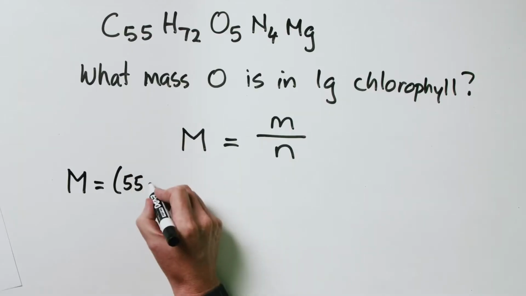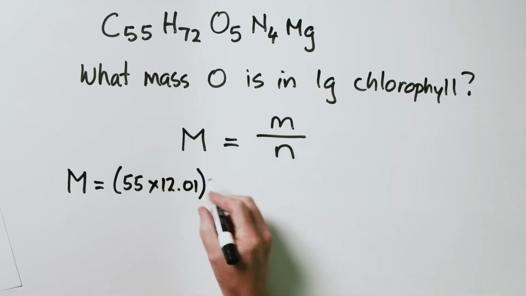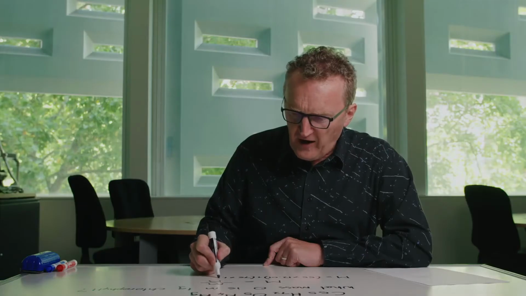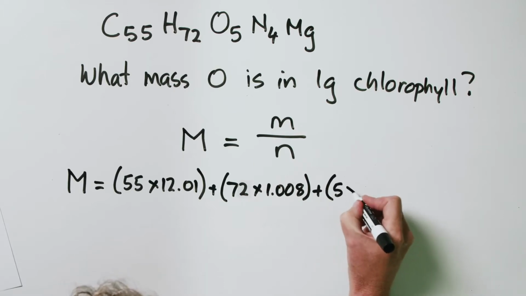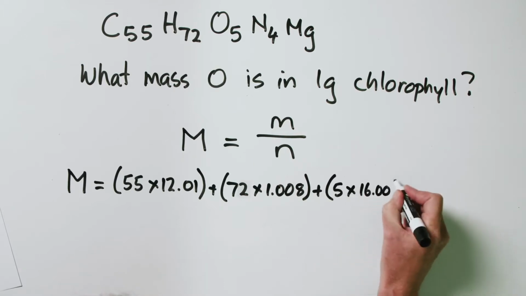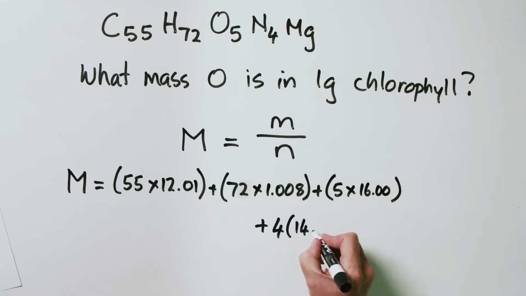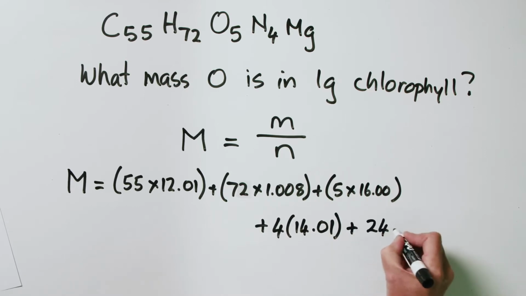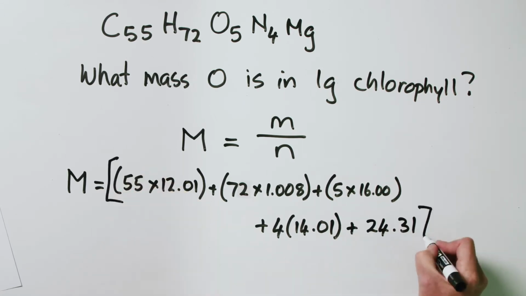to be 55 times the molar mass of carbon, which is 12.01, plus 72 times the molar mass of hydrogen, 1.008, plus 5 times the molar mass of oxygen, 16.00, plus 4 times the molar mass of nitrogen, which is 14.01, plus the molar mass of magnesium, which is 24.31 grams per mole.